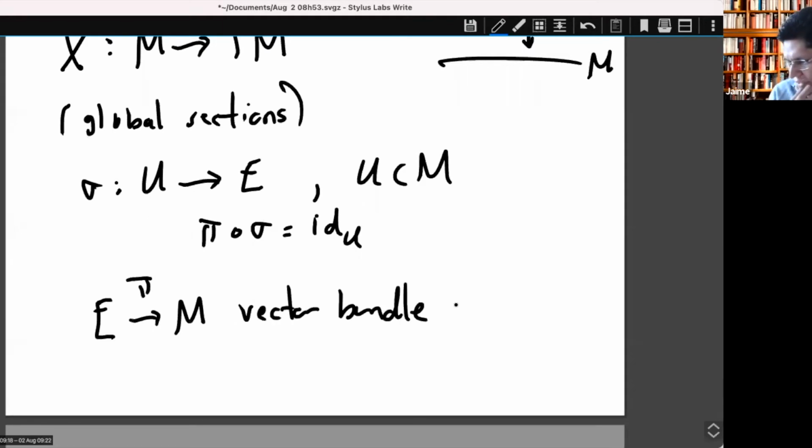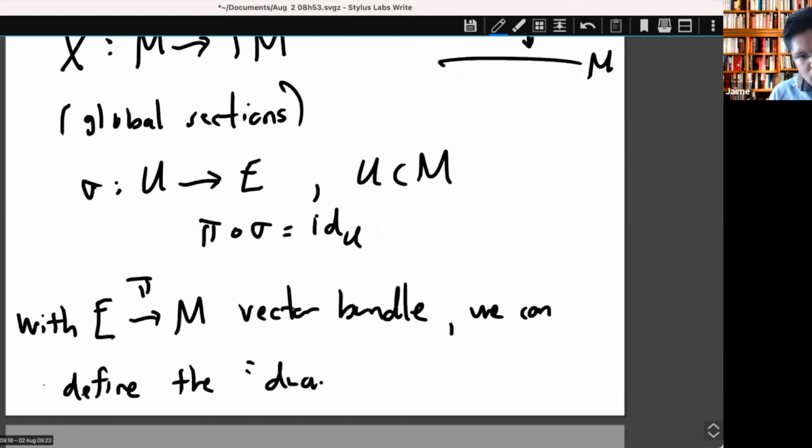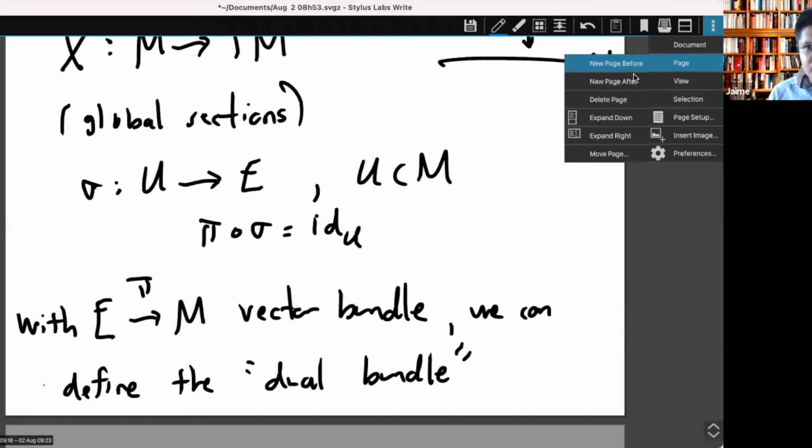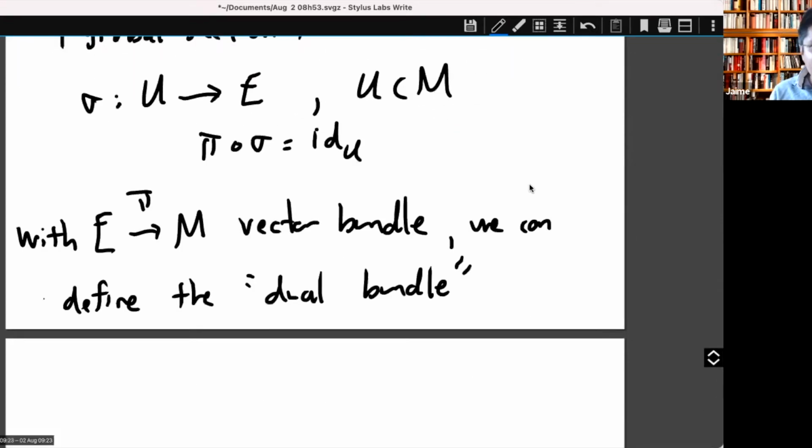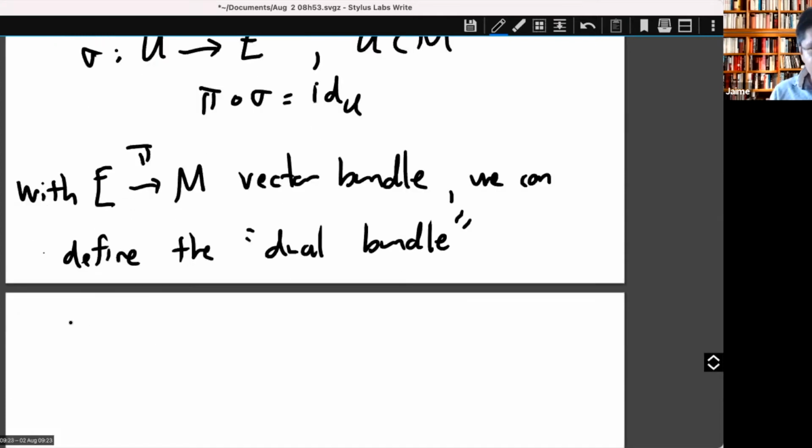you can always define the dual bundle. Right. So I'm not going to say a lot about this because for that, we need to introduce transition functions.